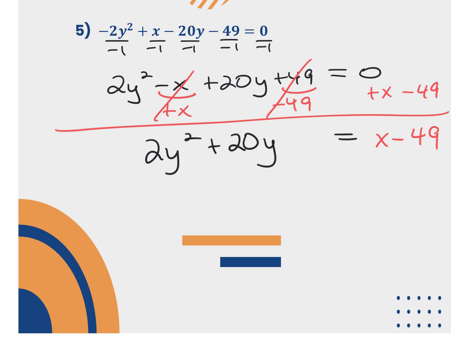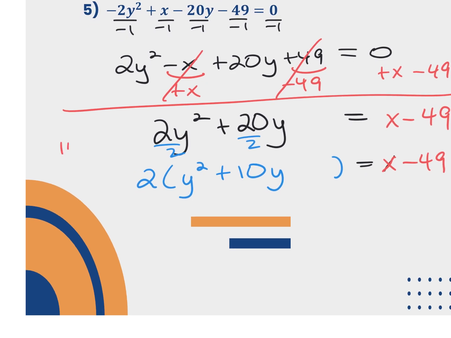Again, I can't have a coefficient in front of the square term that's not a 1, so I'm going to divide out a 2. So 2, and then I'm left with y² plus 10y, leave a blank space, and then I still have this right side. So now I take the b term, divide it by 2, and square it.